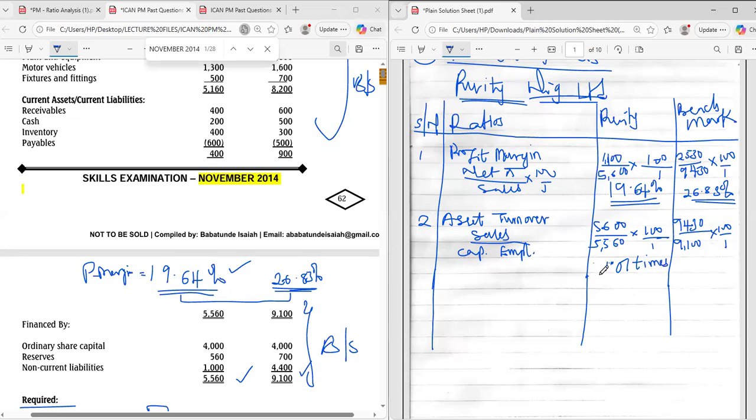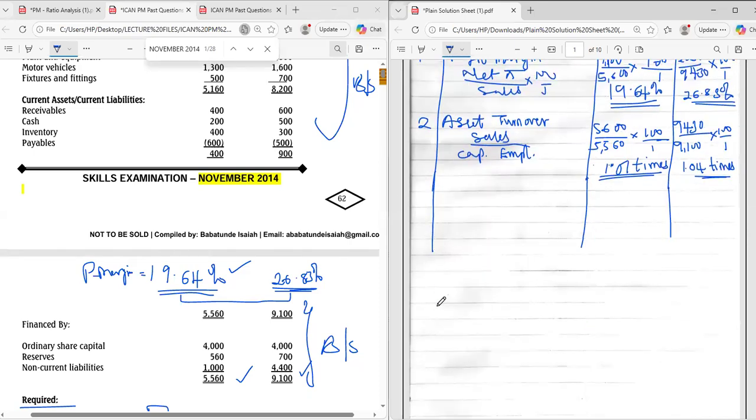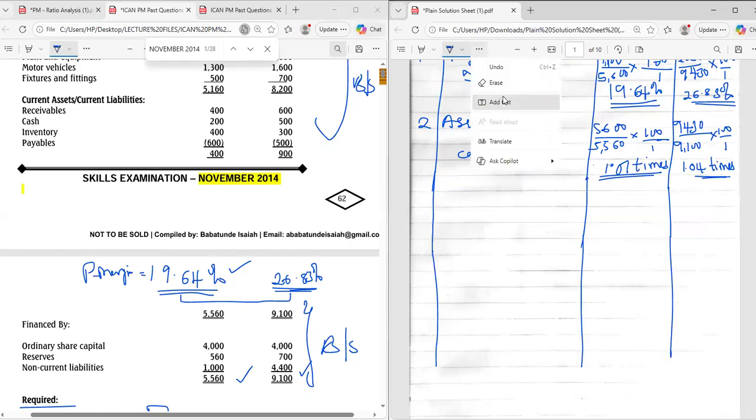So 1.01, and the other one will be 1.04. Turnover is always measured in times. We are not supposed to multiply it by 100. Sorry, I will remove the 100. Don't worry.